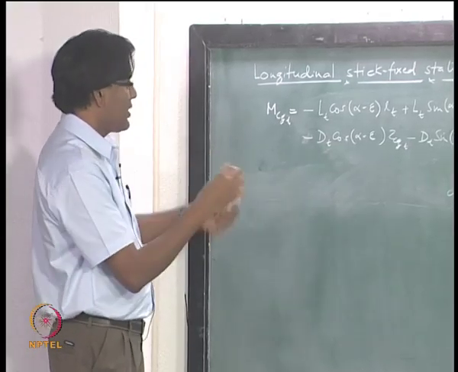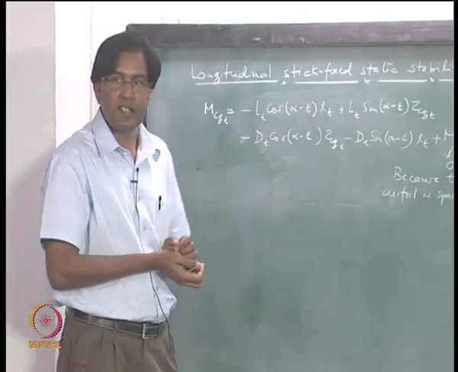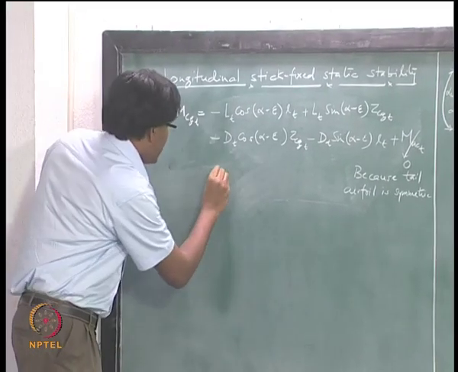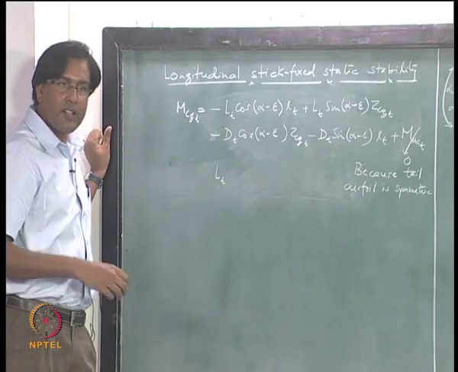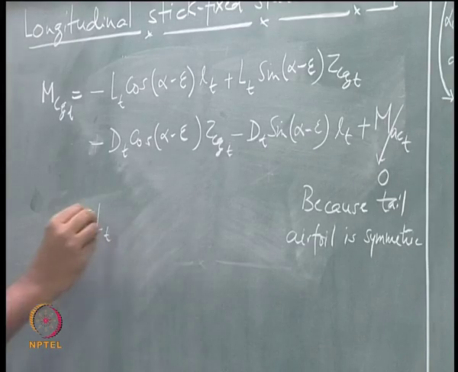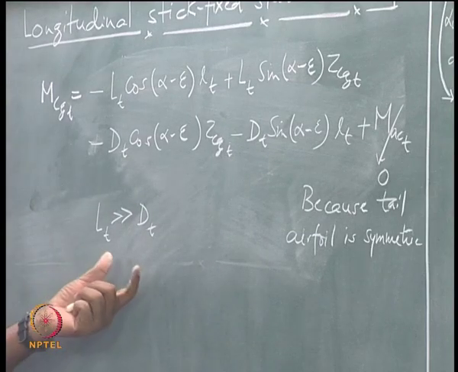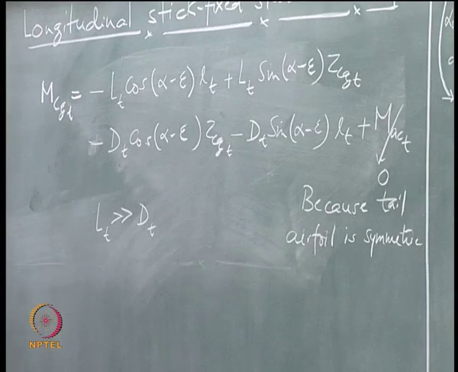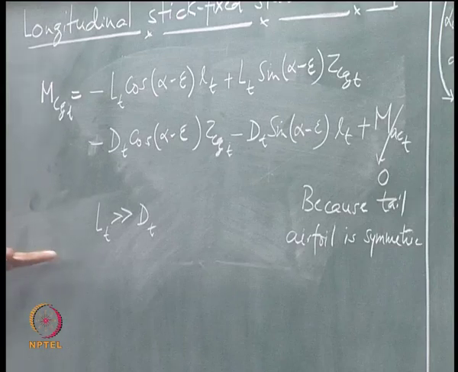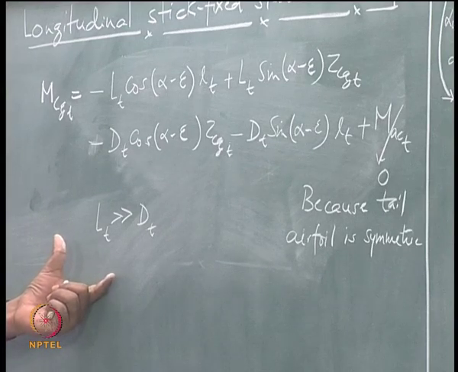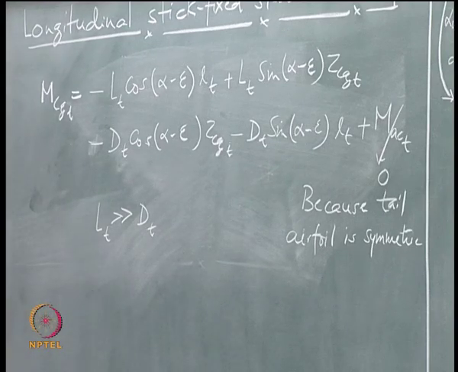Okay, now let us try to simplify this. You can assume that the lift at the tail is much greater than the drag. That is one assumption, and this is how you have to design your tail. You cannot have an aerodynamic surface which is giving you more drag than lift.